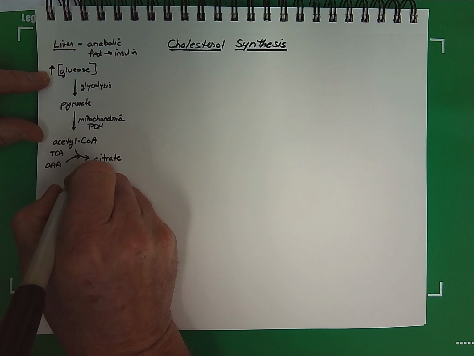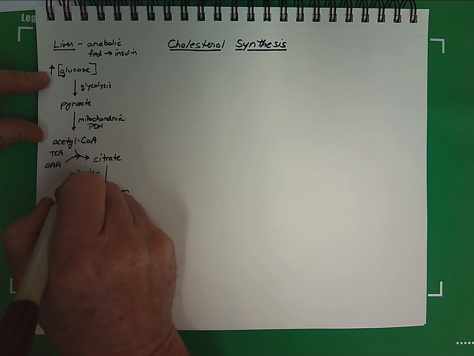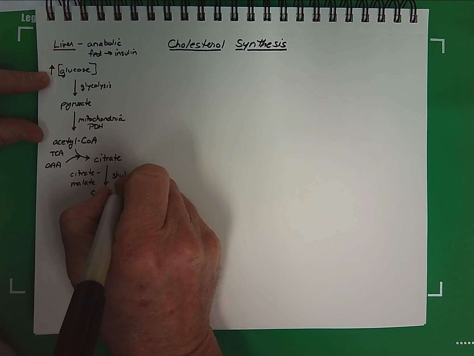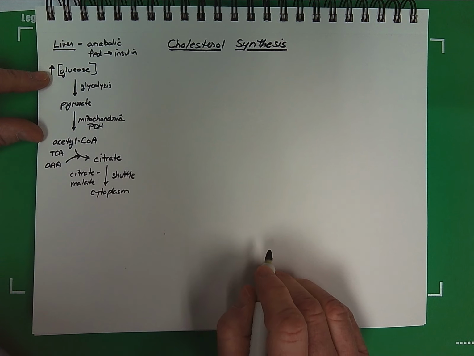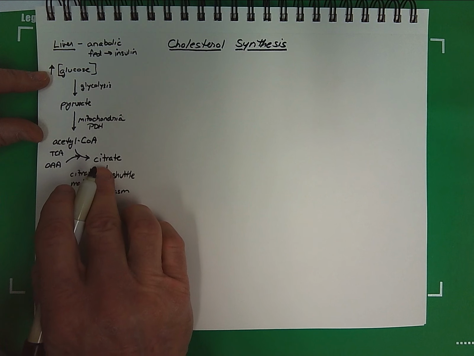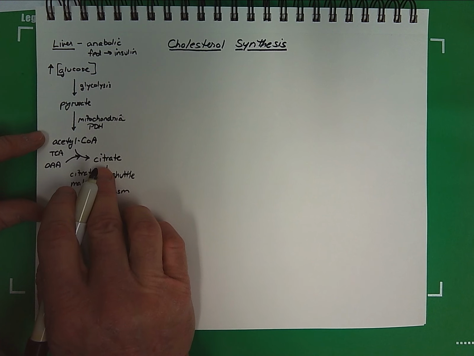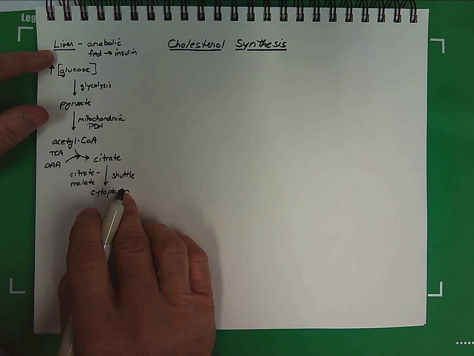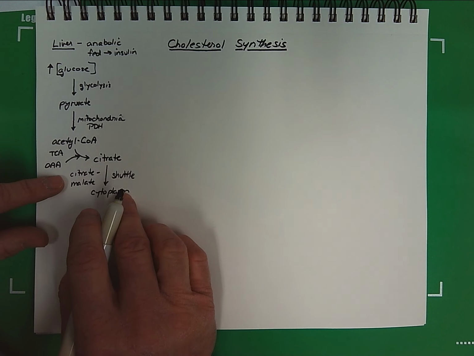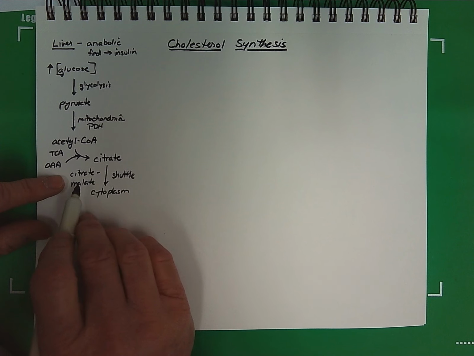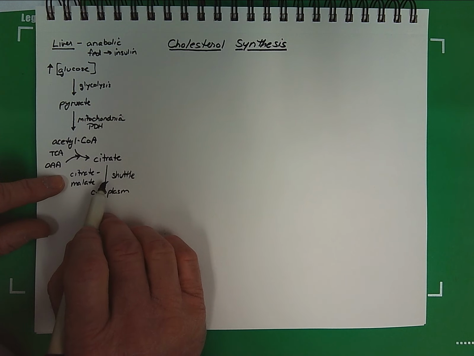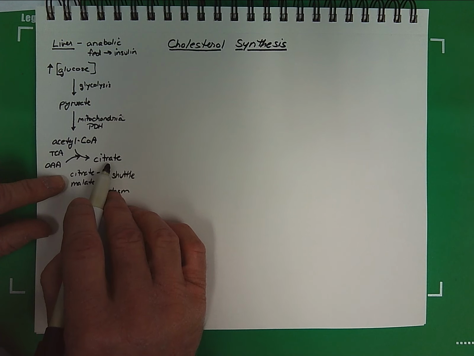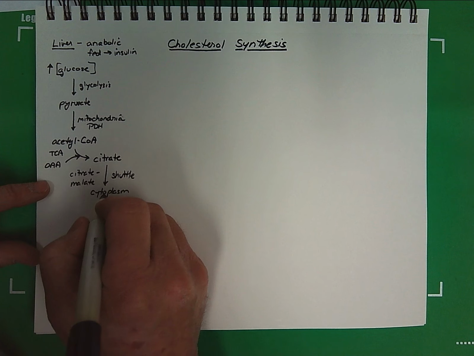And this, of course, is going to be done by the citrate malate transporter or shuttle system. So we have high energy, high NADH concentration in the mitochondria, in a fed state, anabolic conditions in the liver, and therefore the isocitrate dehydrogenase enzyme will be inhibited, as we saw in fatty acid synthesis, which will increase our concentration of citrate. The citrate is then transported into the cytoplasm.